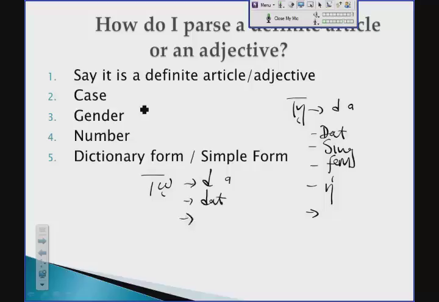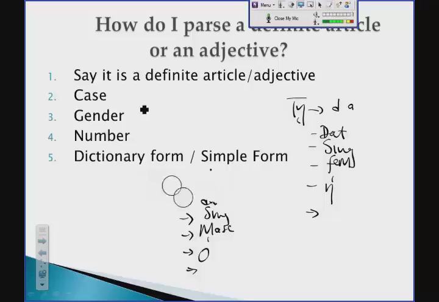Number, singular. And gender? Masculine. What is the dictionary form of tō? It will be ho. What does it mean? The. And so forth. It doesn't matter the order of case, gender, number. You can say case, gender, number, whatever. Okay. So that's how you should parse the definite article.